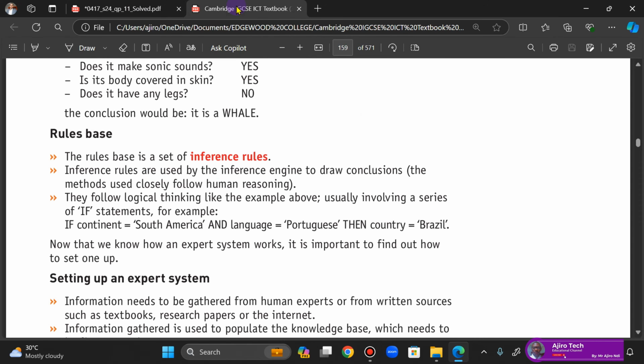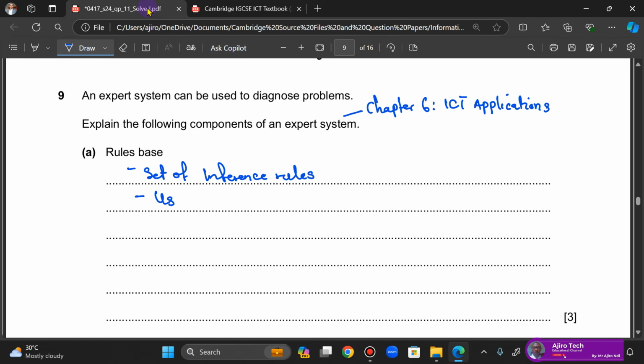And this one is used by the inference engine, which is like a search engine, to draw conclusions.